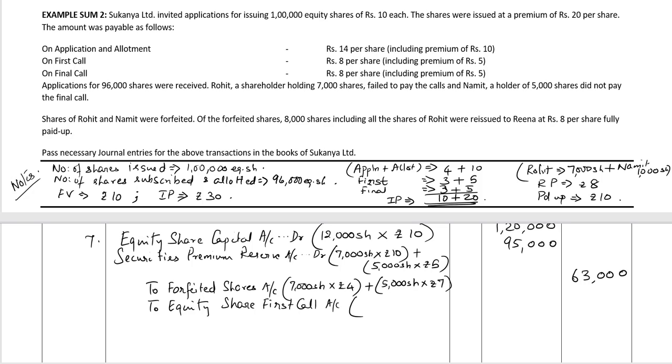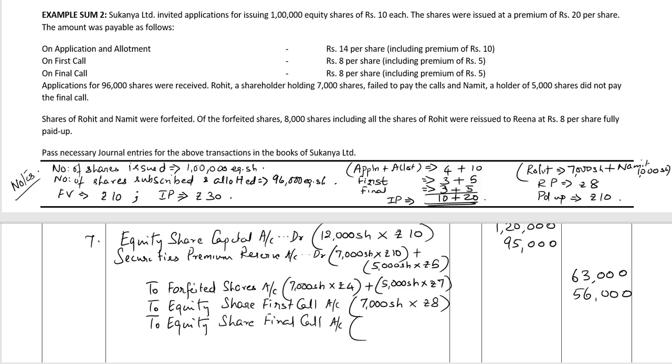The amount which is not received on the first call, including premium not received if any, 7,000 shares of Rohit multiplied by the amount of the first call money including premium, which is rupees 8 per share, which is 56,000 rupees. And to equity share final call account.